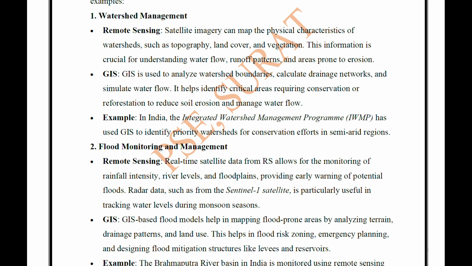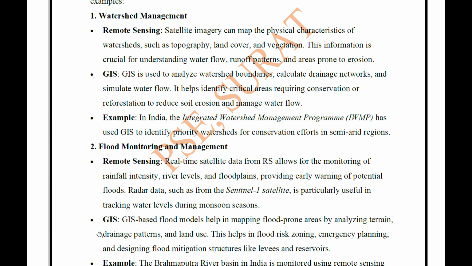It helps identify critical areas requiring conservation or restoration to reduce soil erosion and manage water flows. For example, in India, the Integrated Watershed Management Programme, IWMP, has used GIS to identify priority watersheds for conservation efforts in semi-arid regions.